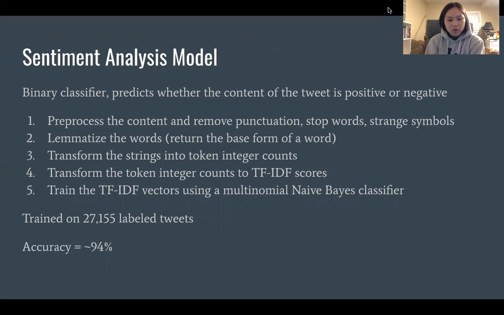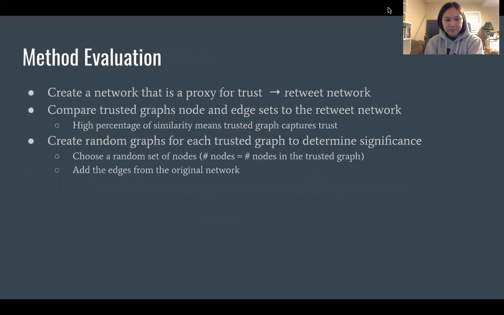It transforms the strings into token integer counts and then transforms those counts into TF-IDF scores, which represent the relevancy of the word to the entire collection of tweets. Then the TF-IDF vectors are trained on using a multinomial naive Bayes classifier. This model was trained on 27,155 labeled tweets, and it had an accuracy of about 94%.